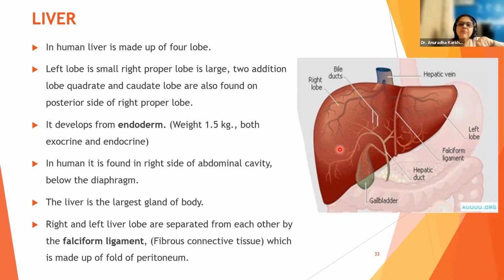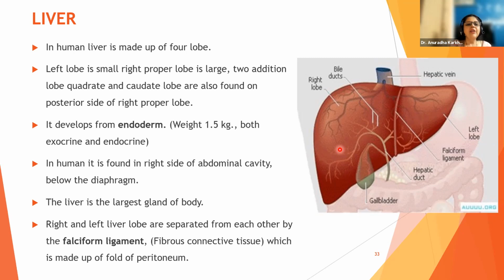Some part of it has ducts for carrying its secretion, and some part will directly pour its secretions into the blood. Exo means outside, endo means inside. So the secretions carried outside with the help of tubes or ducts are exocrine, and those which pour their secretions only into the blood are endocrine.